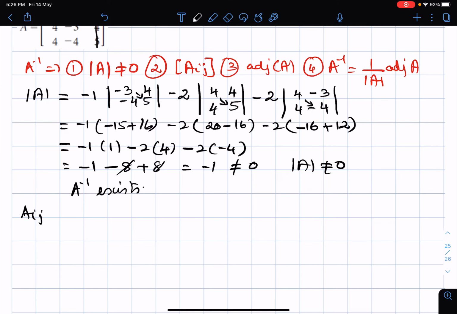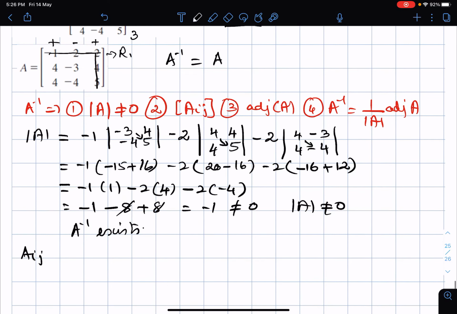So first we have to put the sign convention for the 3 cross 3 matrix to find out the cofactor. What is the sign convention? You know that it is plus, minus, plus, minus, plus, minus, plus, minus, plus. This is going to be our cofactor sign convention for Aij.